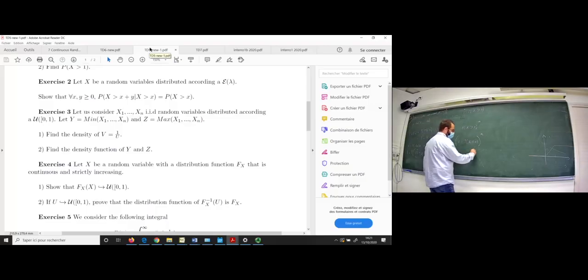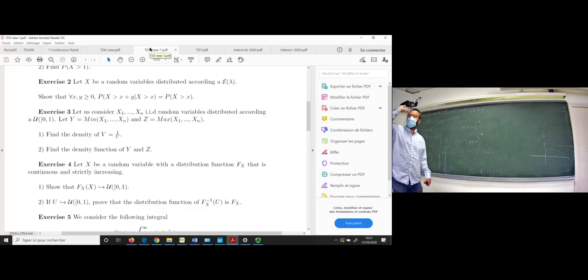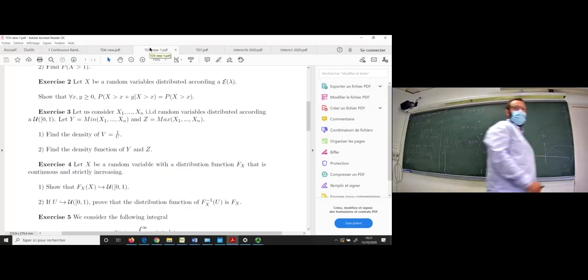So if x is less than 0, what happened? Well, this one is 0, so I have 1 minus 1, that is 0. If x is greater than 1, I have here 1, so 1 minus 1, 0, so 1. Keep in mind that at the end I have to obtain a distribution function, and something with a limit in minus infinity that is 0, limit in plus infinity 1, and so on.